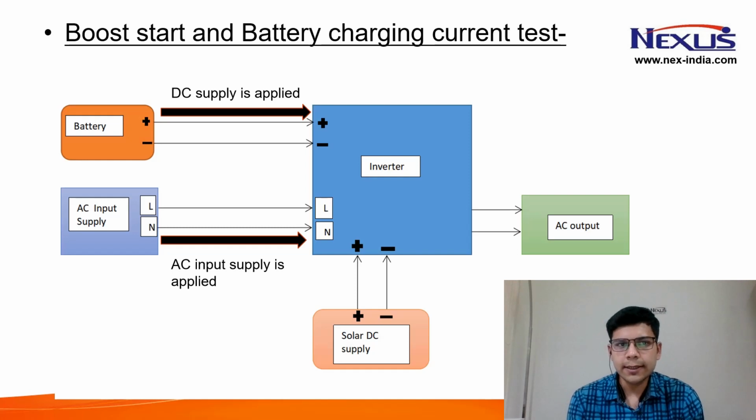This slight increase in voltage is known as the boost start voltage. We have to measure that voltage, as well as one another parameter, that is the battery charging current. At the time of charging, the battery will draw some current from the inverter. That current is known as the battery charging current. After taking these two readings, our test will be concluded.